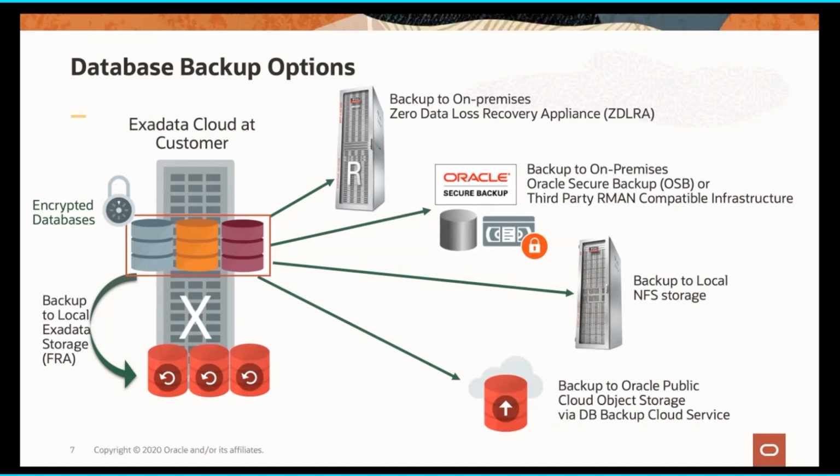So being in your data center, going from the bottom up on this slide, you have backup to object storage via the database backup cloud service, which is one of the options that you also have in the cloud. You also have access to your local NFS storage, for example. You have access to Oracle Secure Backup tape destinations, or also disk and cloud if you want.